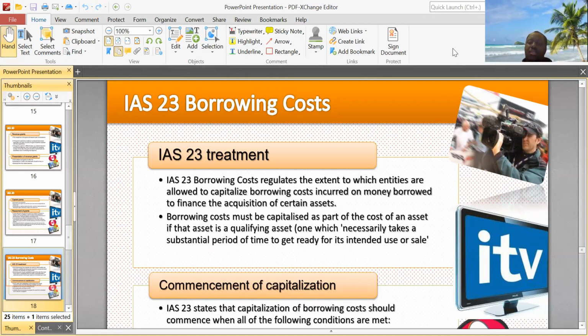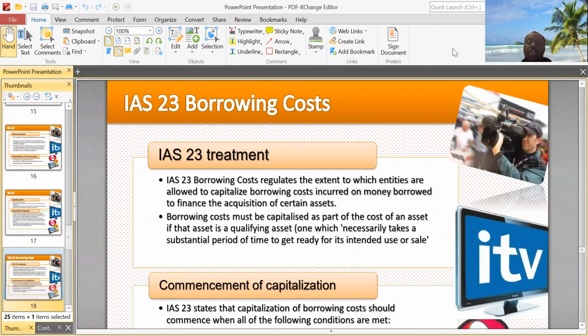So IAS 23 is given as guidance as to what exactly to capitalize when it comes to borrowing costs that is used to finance the acquisition of certain assets. Not just borrowing costs, but borrowing costs used to finance the acquisition of certain assets. Very, very key. Very, very important.